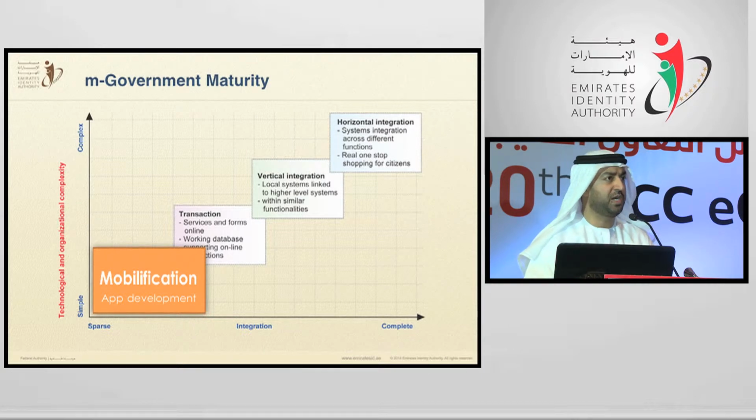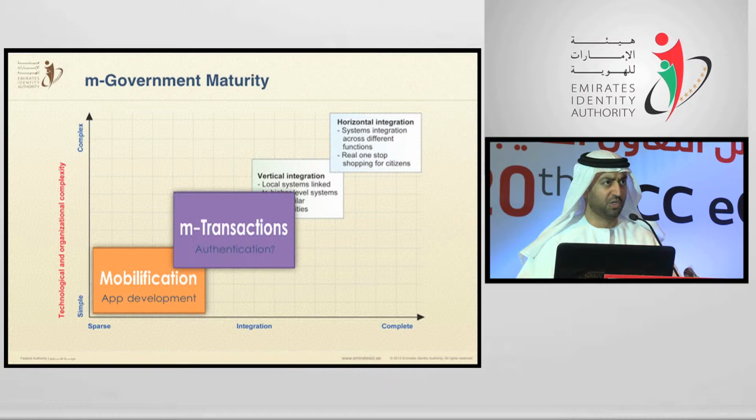Government organizations are trying to modify existing websites to make them available on mobile devices, developing mobile apps, and so on and so forth. Also, many are trying to enable transactions over mobile devices. However, their efforts are being obstructed by the fact that they don't have sufficient capabilities to authenticate individuals. And I'll be looking at that in a second as well.